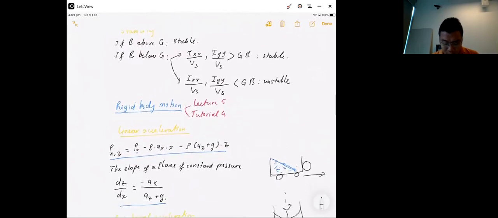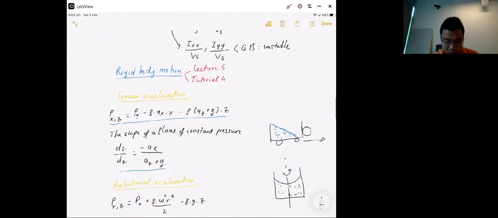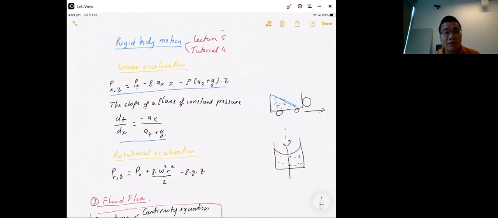The last one in fluid statics is rigid body motion. You can find it in lecture 5, tutorial 4. We have linear acceleration and rotational acceleration. We have an equation to find pressure based on linear acceleration in the x direction and z direction.